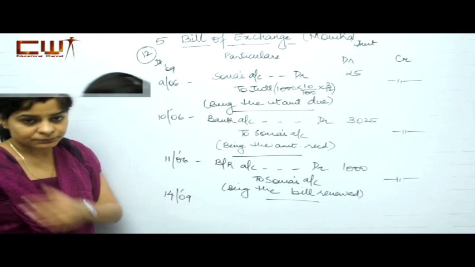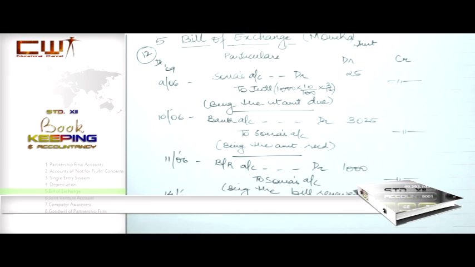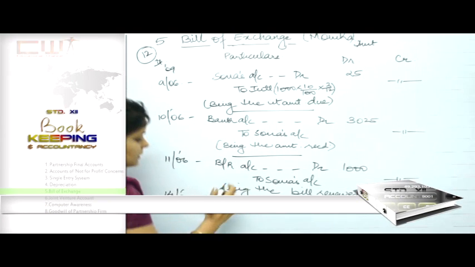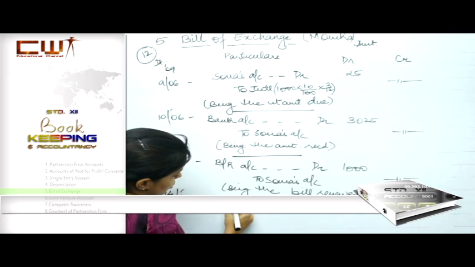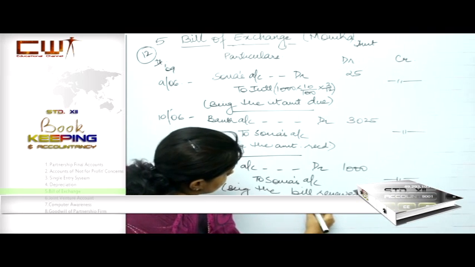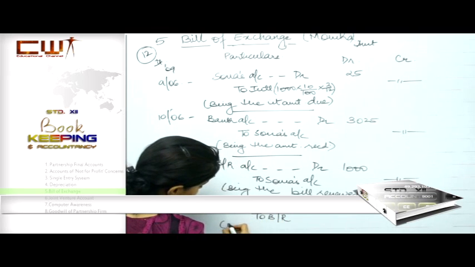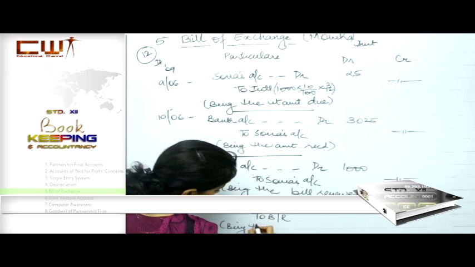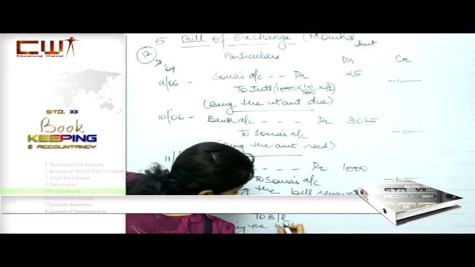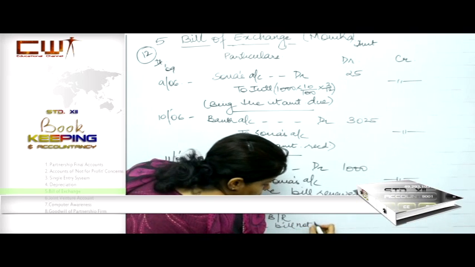What has she done? Bill has been dishonored. She has not paid the money. So again the reverse entry. Sona's account debited to bills receivable. Again you will write being the bill not honored.